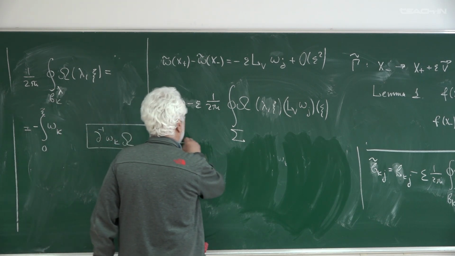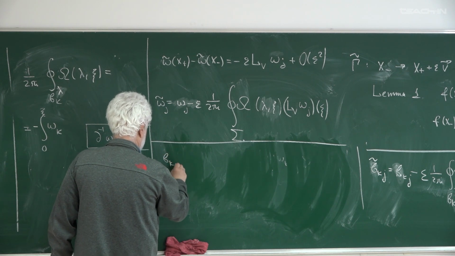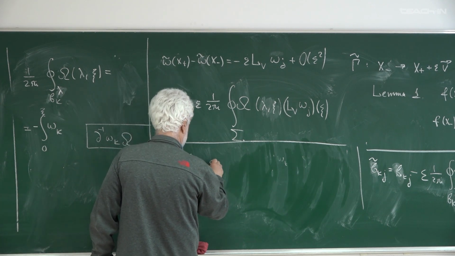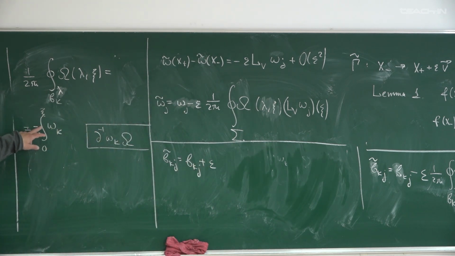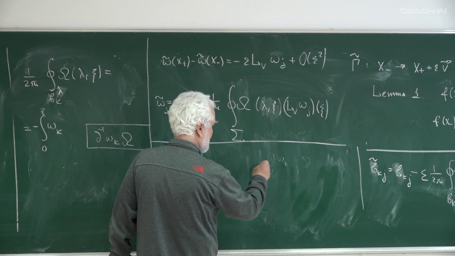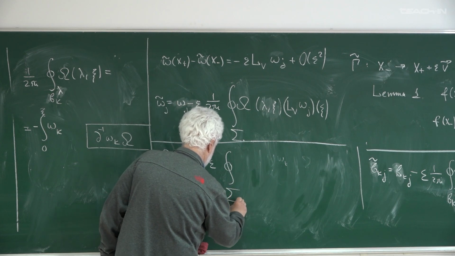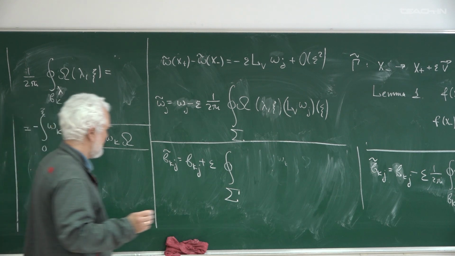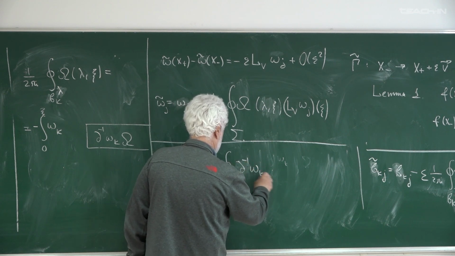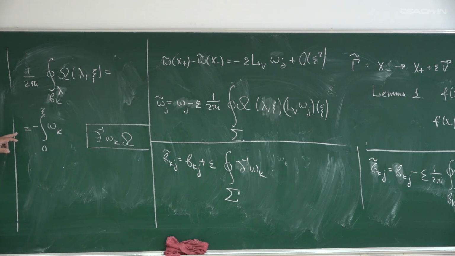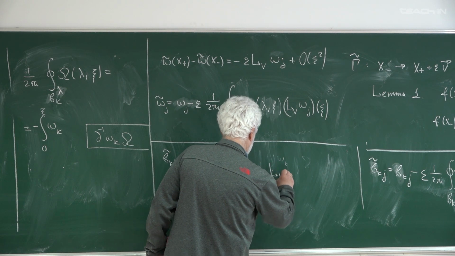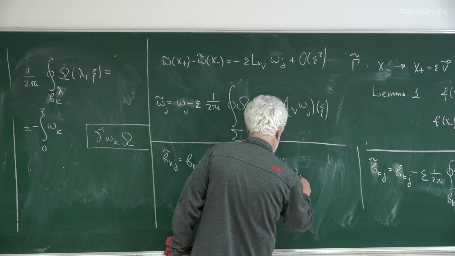We obtained the following formula, plus epsilon, the primitive of omega k, times the integral of omega 3.